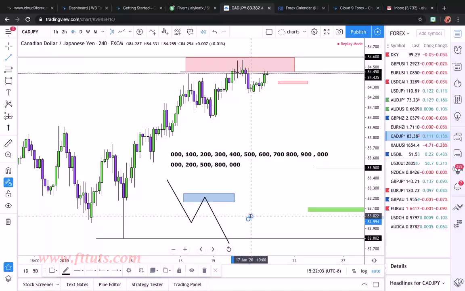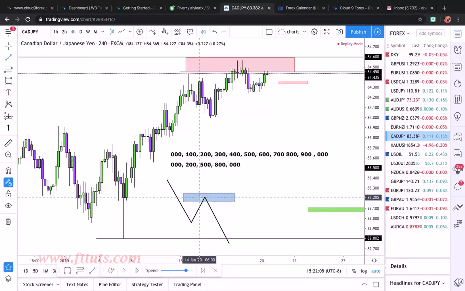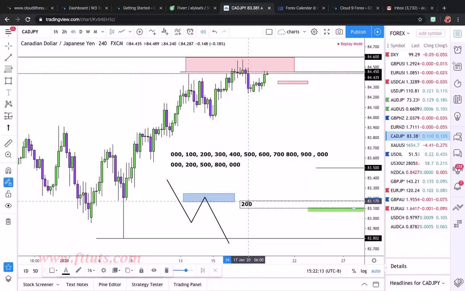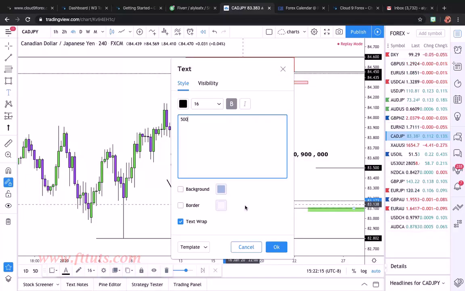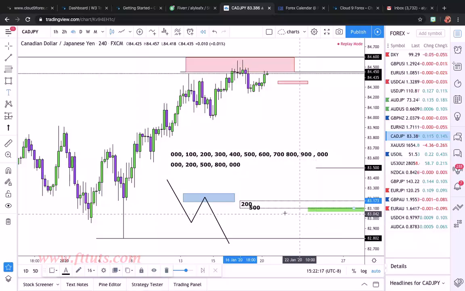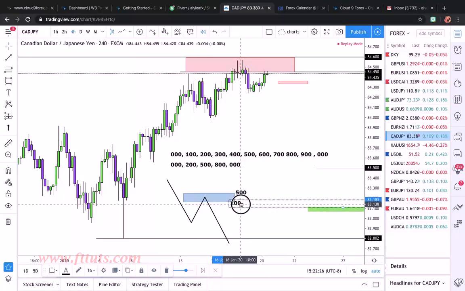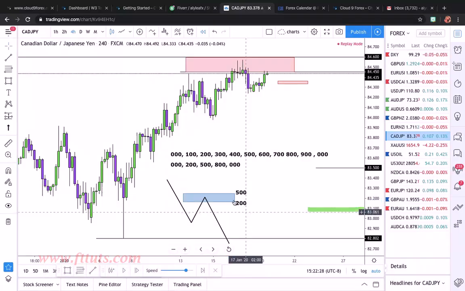In this case, let's say it is between 200 and 500. Let's just write that down quick. Okay, so let's say 83.5 and 83.2. So this would be our entry zone.